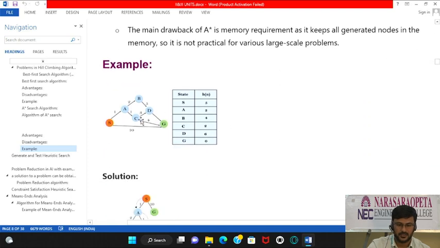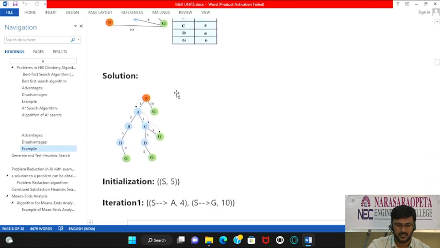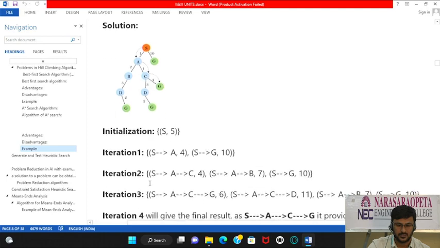This is an example of the state graph with the cost of each path. We have to verify the solution by iteration. S to J or S to G, iteration 2.